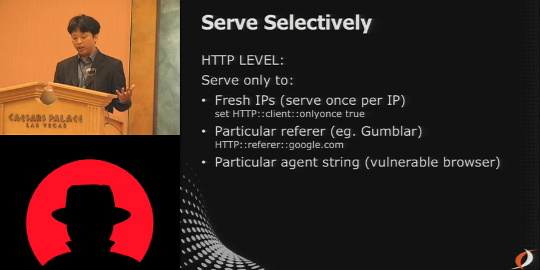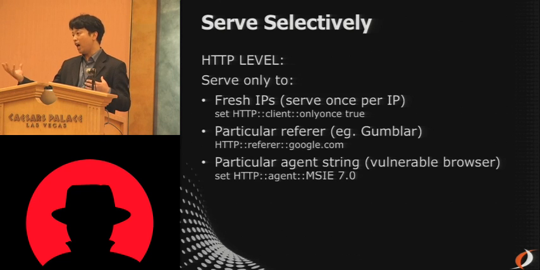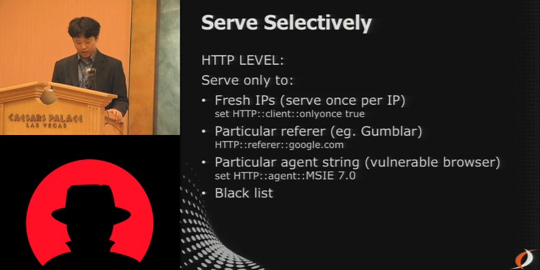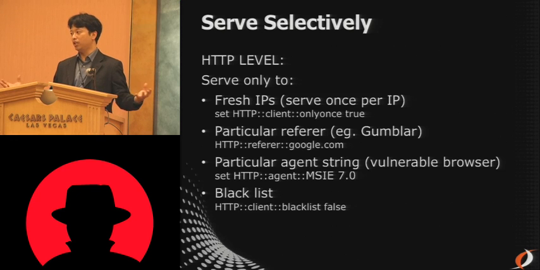Or a particular user agent string. For example, if we're using an IE 0 day, we don't need to serve to Firefox or any other crawlers, Google crawlers, antivirus crawlers, whatever. And blacklist, which means we want to collect a big list of antivirus IPs, and if you're coming from Armorize, Symantec, McAfee, Trend Micro, nope, we don't want to serve to you.